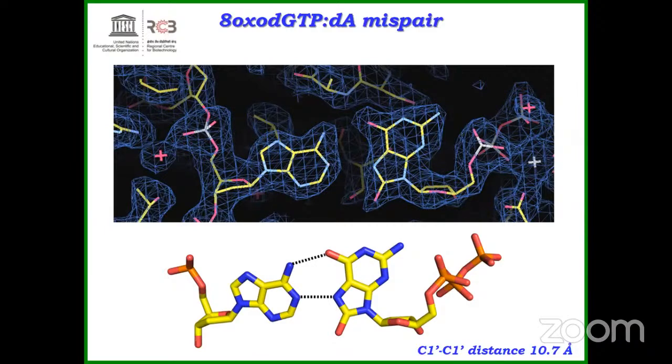So polymerases can get fooled to incorporate this opposite A to a significant amount, which causes transversion mutations in the genome and can be lethal. And for mitochondrial DNA polymerase, even low amounts of 8-oxo-dGTP incorporation are very bad for the cell.